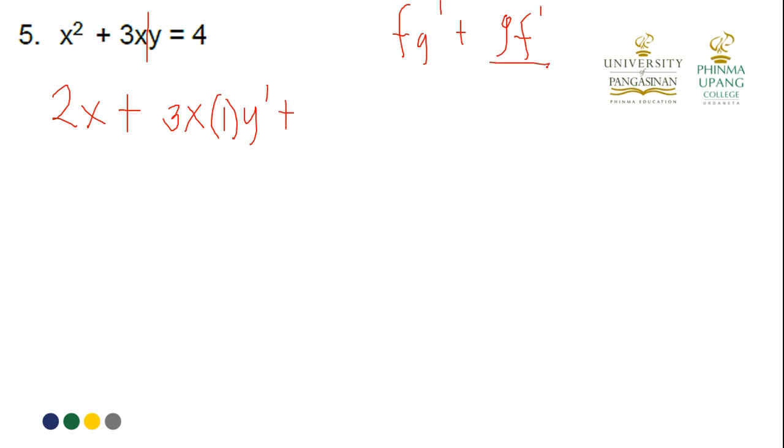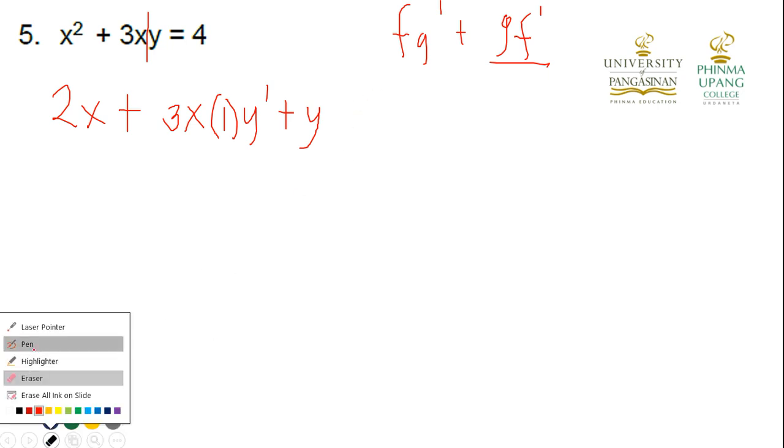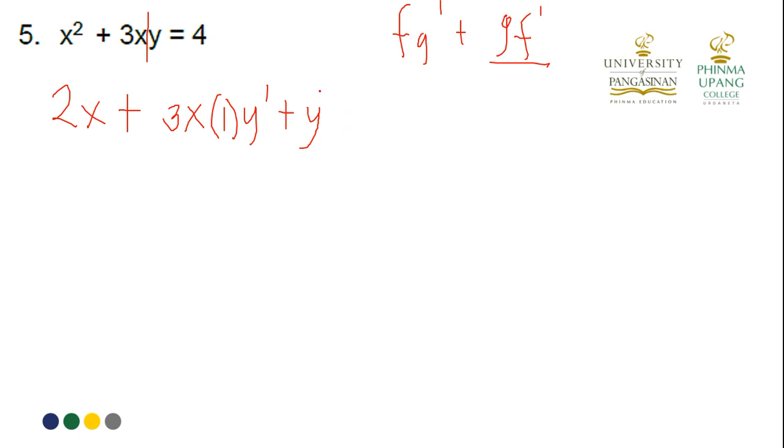Next, doon na tayo sa second. So g natin dyan is y. G lang yan ha, hindi siya derivative ng y. Baka ilagay nyo dyan, y prime, kinuha ko kasi yung y sir. So mali na yan, kasi hindi naman derivative. Copy lang yan, copy lang daw yung g, which is y. Then yung first naman is magiging 3 is equal to 0.